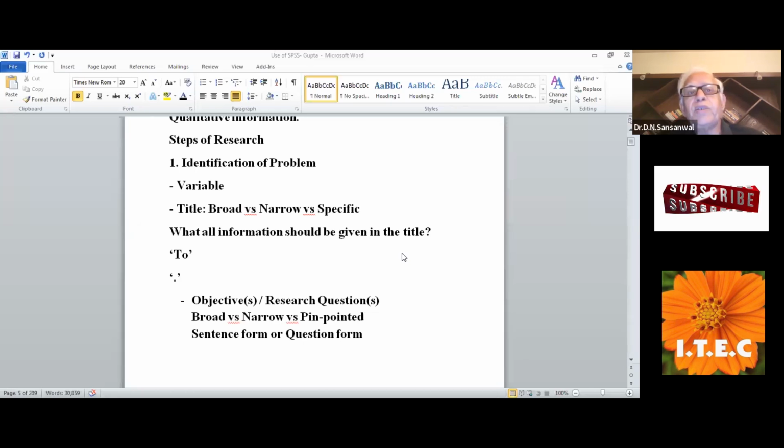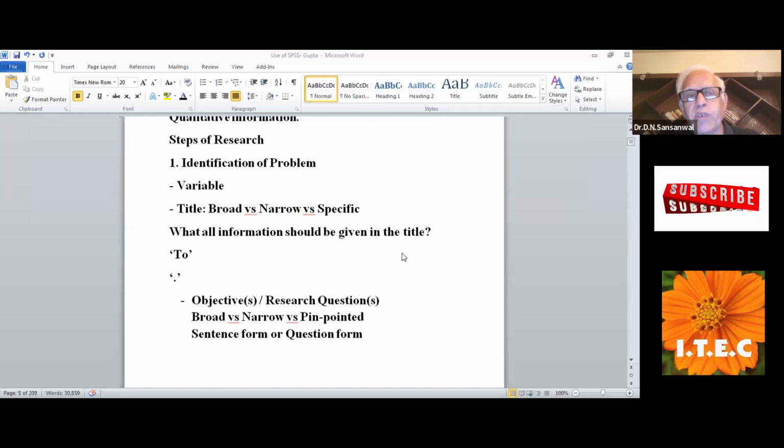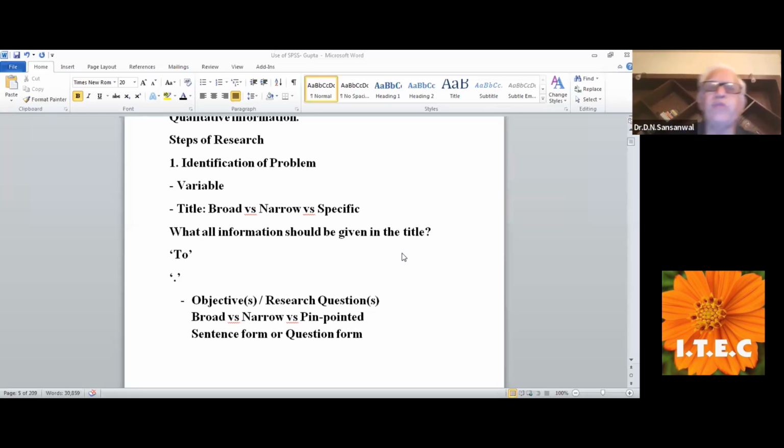Now tell me, should I give you all the steps today and then start with the first step? Or should I complete the first step details today and then go to the next step? Because I plan to give you the steps in short. So if you want the detail of the first step, I can go ahead with it. No problem at all.